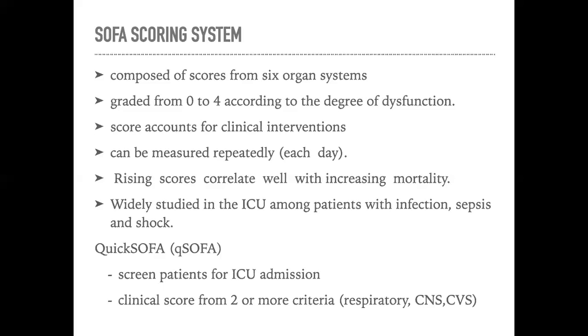It could be the respiratory and the nervous system, or the respiratory and cardiovascular system, and a score of a minimum of 2 would give you a significant correlation with morbidity and mortality. From the quick SOFA, we will be able to screen whether the patient who comes in at the ER is for ICU admission, or the patient who deteriorates in the wards is a candidate for ICU admission.